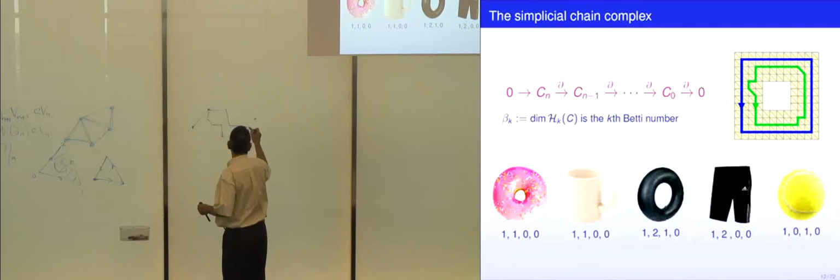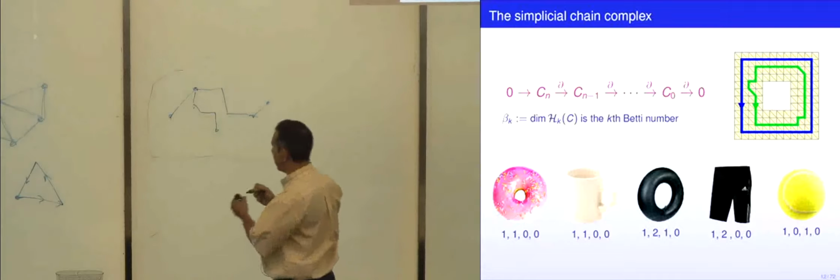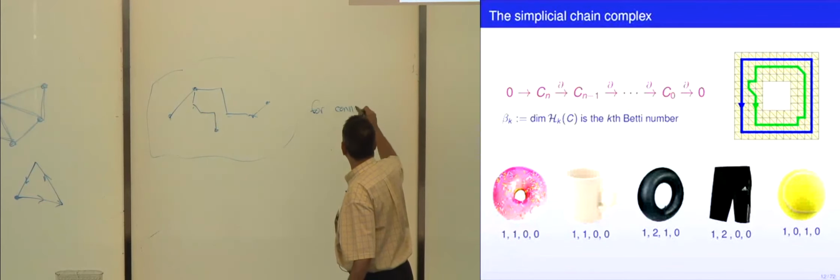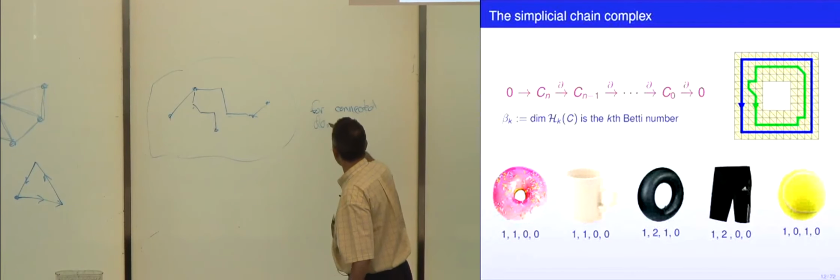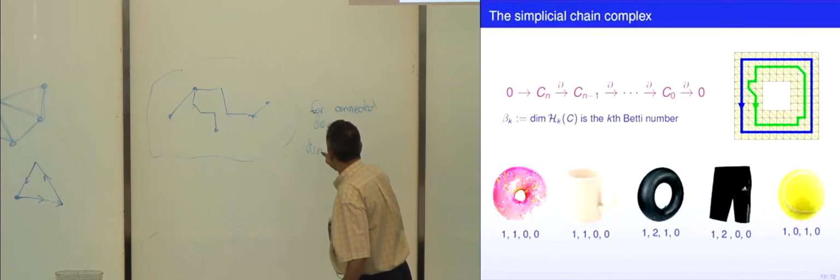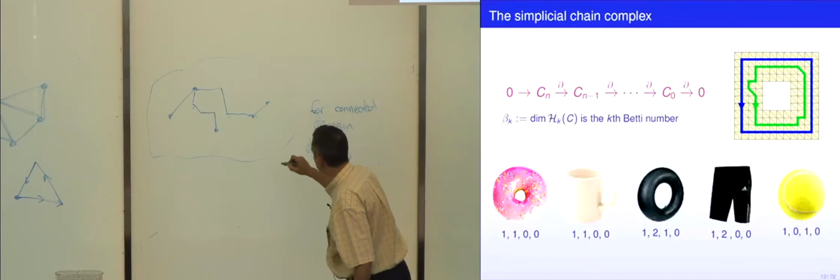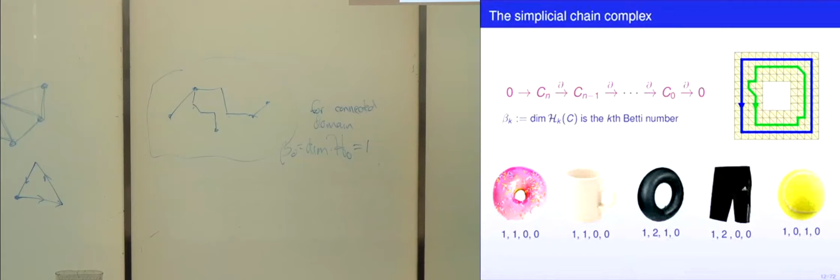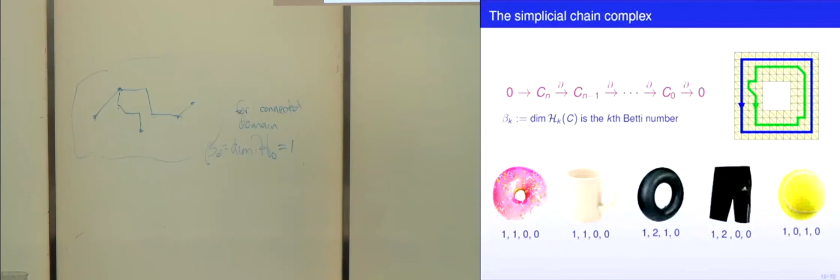If our domain is connected, then any point can be connected to any other. So for a connected domain, the dimension of the zero homology group, which is Betti 0, is equal to 1. If you have a non-connected domain, it would be the number of connected components.